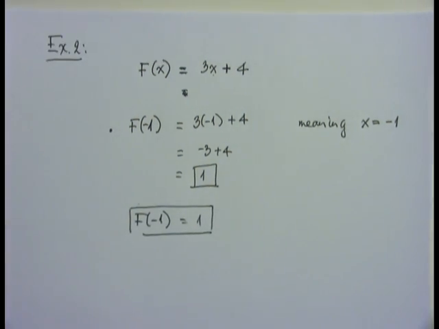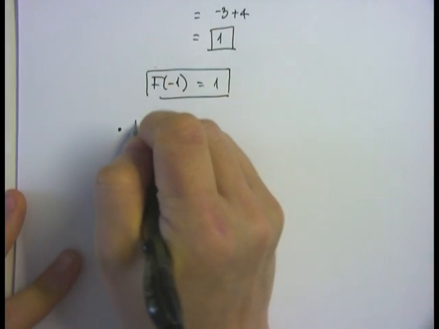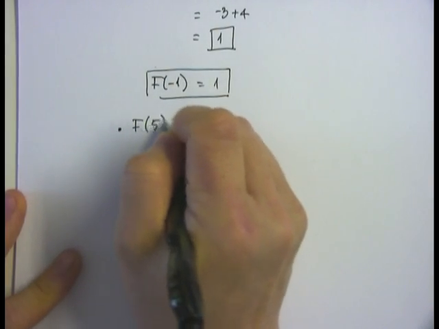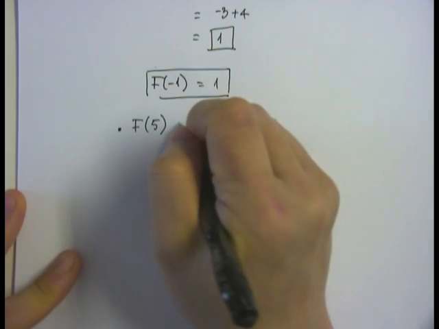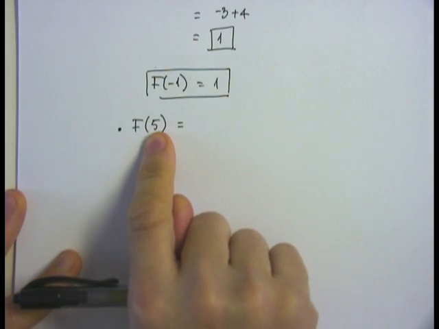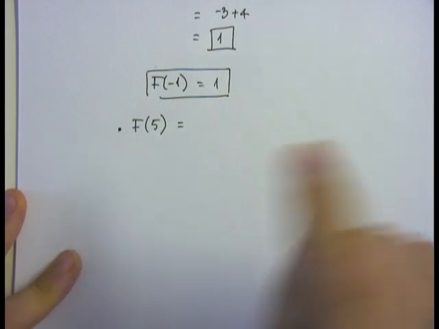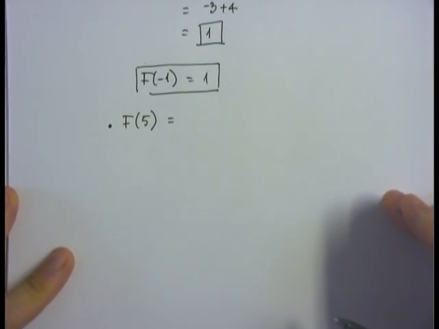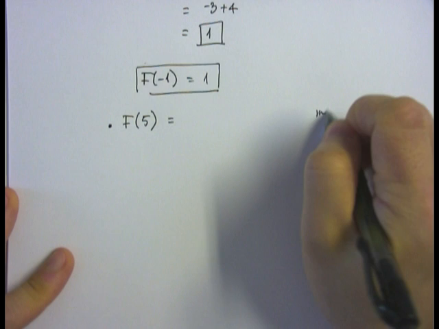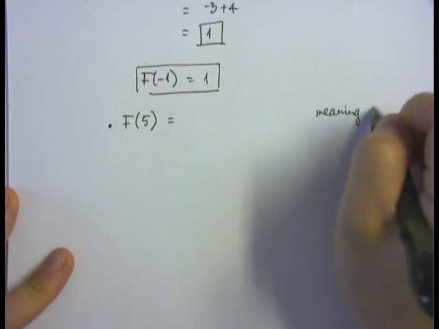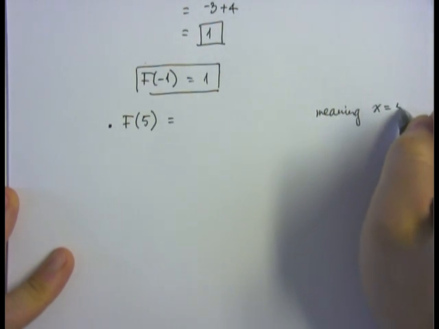And we can try a different value again. How about we're looking for F of 5? This time the 5 that's standing in the place of the x is telling me that the input argument is switched to the value 5.